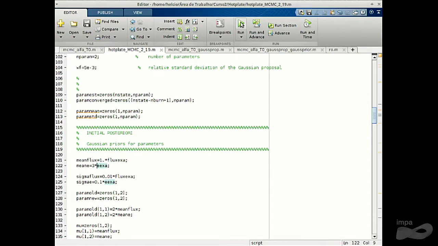I'm not even saying that the effusivity is in some range. I'm only saying that this is positive, okay? I'm saying that this is positive.